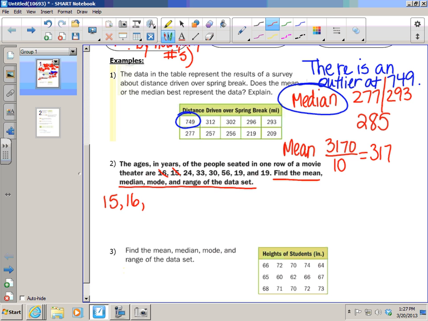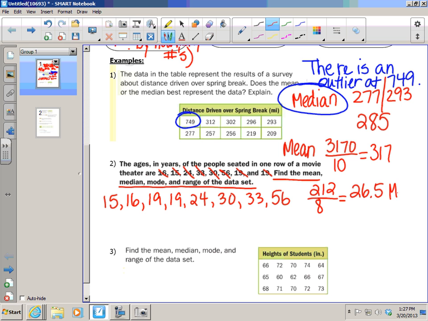And I'm going to cross them out as I do them, just to make sure that I don't miss any or repeat any. And the mean, I'm going to add all these up to get 212. I'm going to divide by the 8 numbers that I have to get 26.5 for the mean. That's my average.